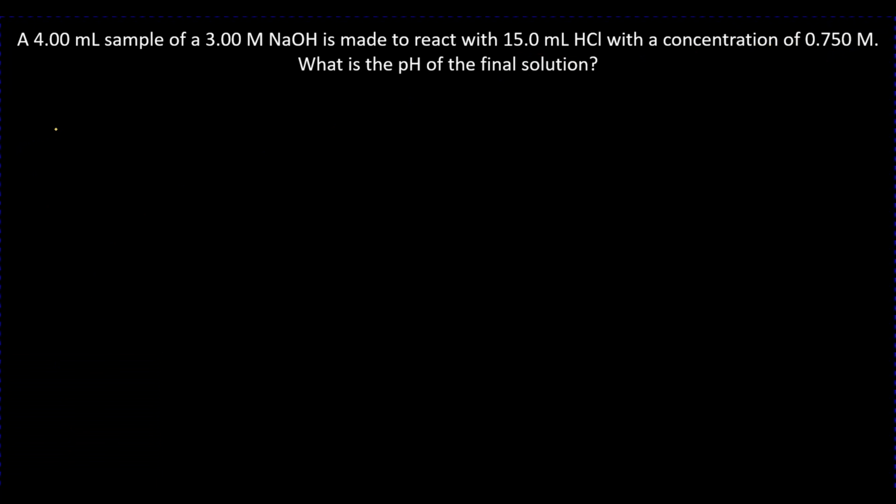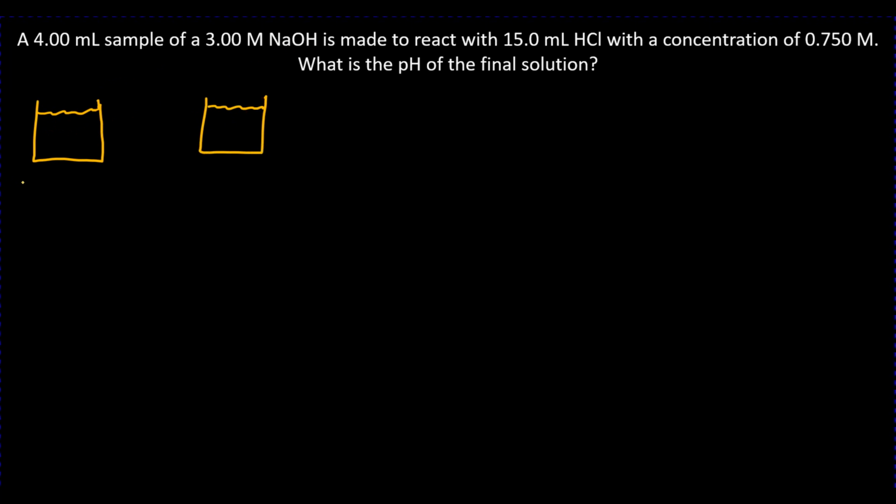Let's start off by treating the two systems, the acid and the base, as existing in separate containers. So let's say the base is in this container and the acid is here.